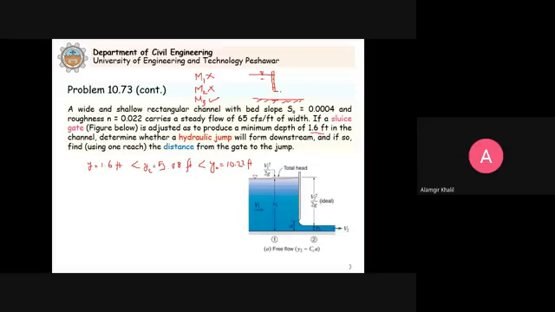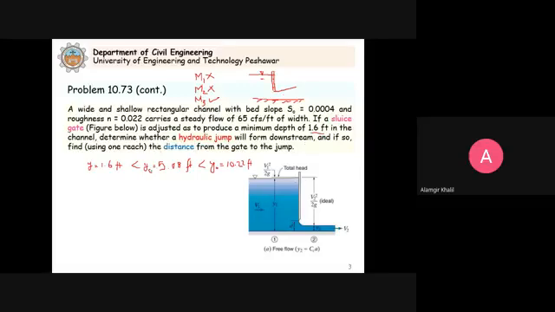It will try to increase. It will try to become the normal depth, which is 10.22 after the gate. So this will be a rising profile. And the depth will become 10.22, which is the normal depth in the channel for the given conditions if we did not have this gate.